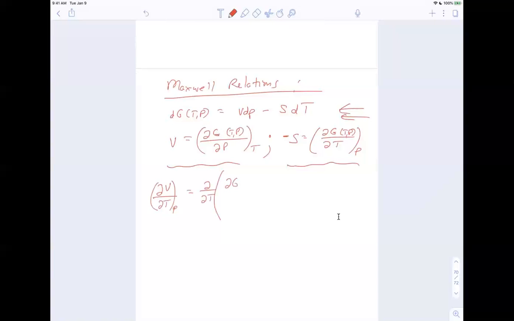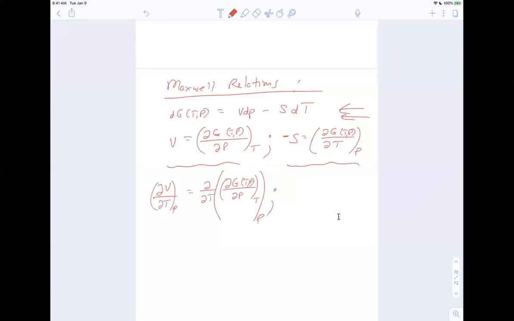The partial of G with respect to P at constant T. And since I'm taking now the partial with respect to T of that thing in the big parentheses, what is held constant? Pressure. Exactly. So now I have this second derivative equality.